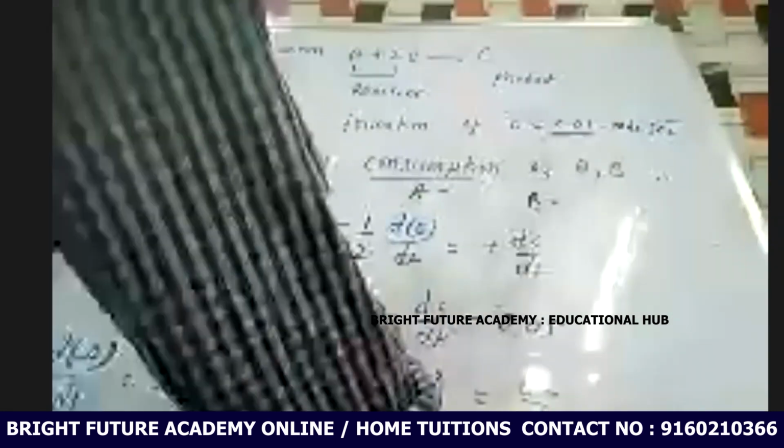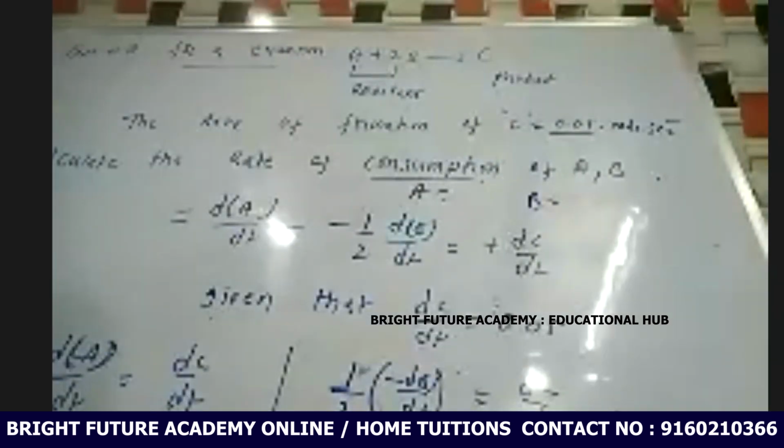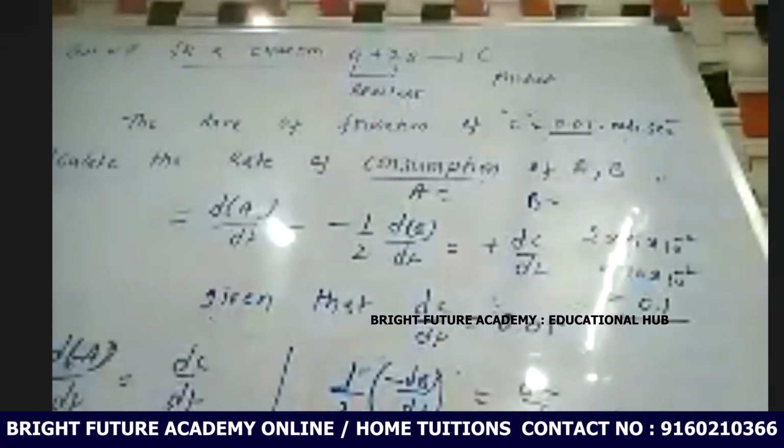So it will come 0.01. 2 into 5 into 10 power minus 2, nothing but 10 into 10 power minus 2, that is equal to 0.1. Clear? So this is the consumption of B.